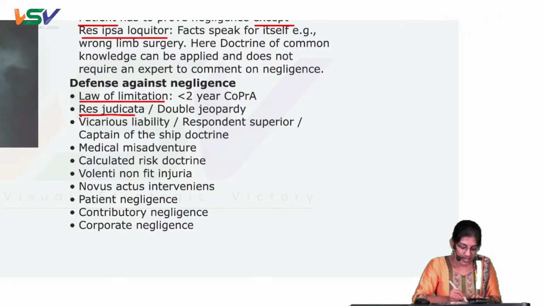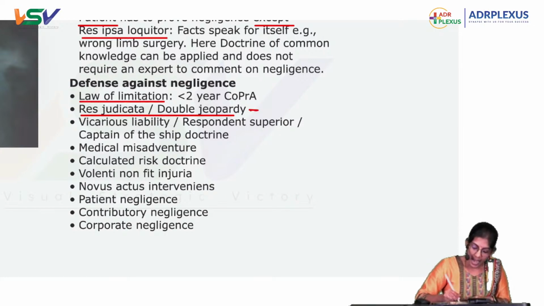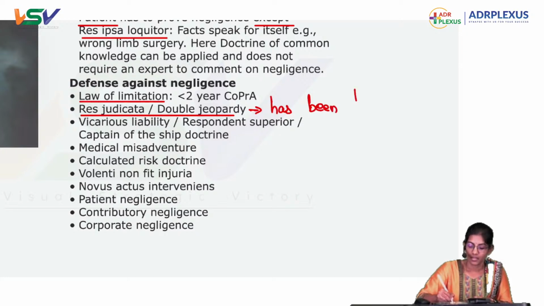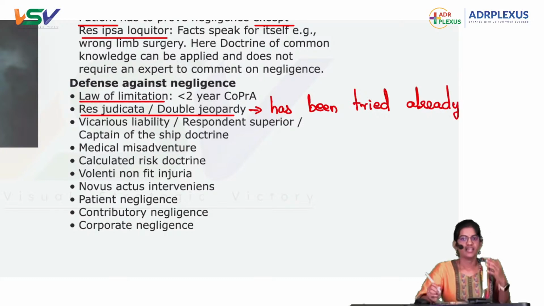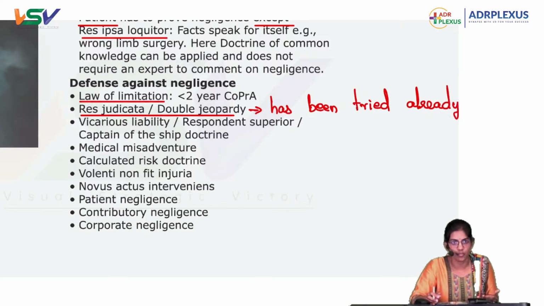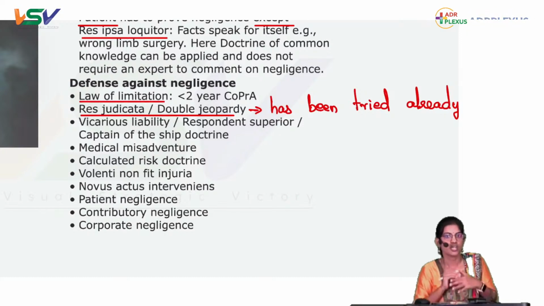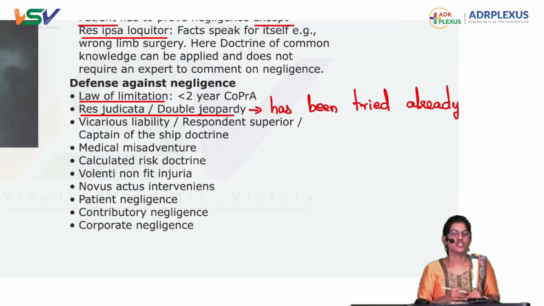Next, res judicata or double jeopardy, it has been tried already. So until there is some new discovery, if a case has already been tried once and has already been closed, they cannot reopen the same case again. That is double jeopardy, res judicata.